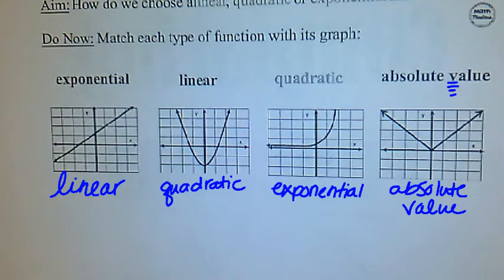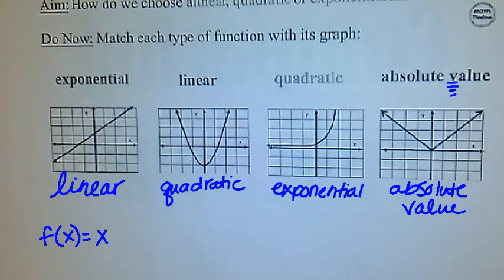Okay, and then also on your paper I have your parent functions. So remember, usually in function notation, we have an f of x. If it's linear, now this is the parent functions, so it's not actually for these specific graphs. This would be x squared, so these would just be the very basic.